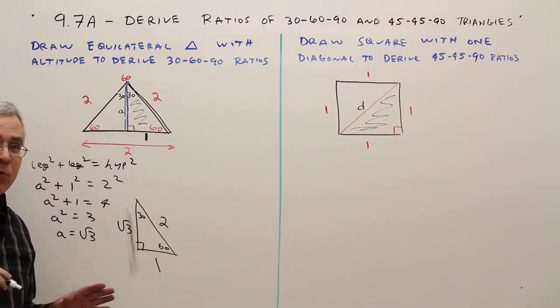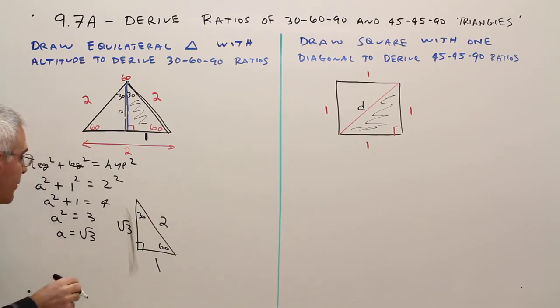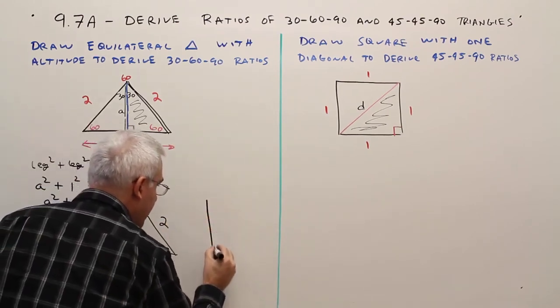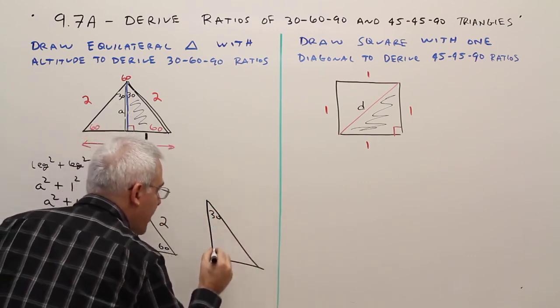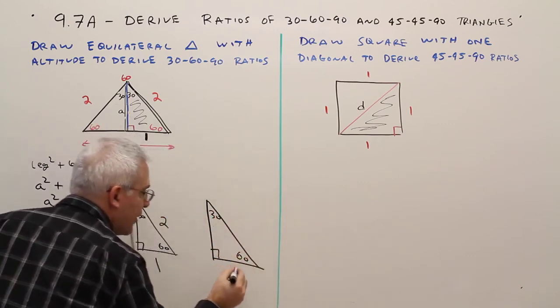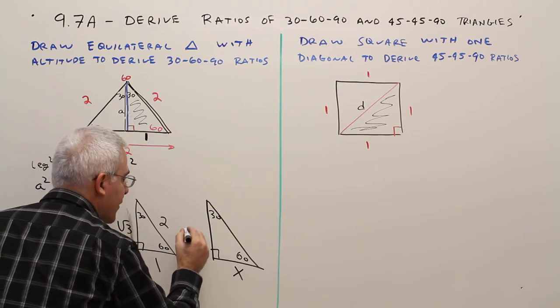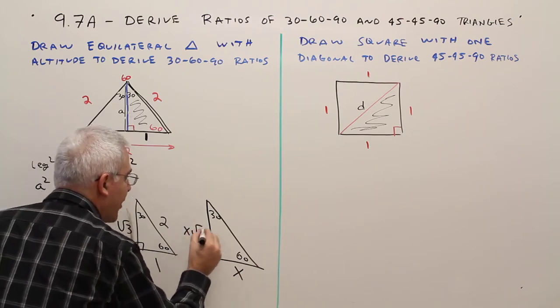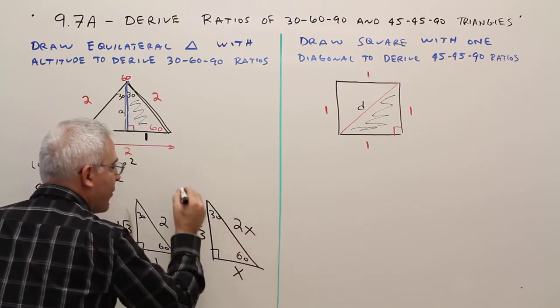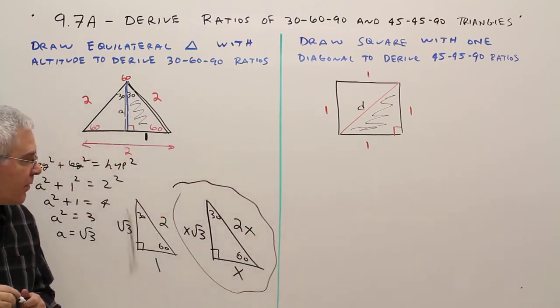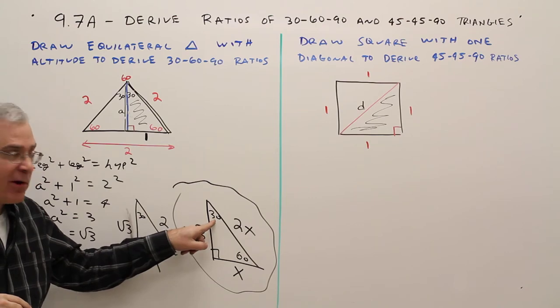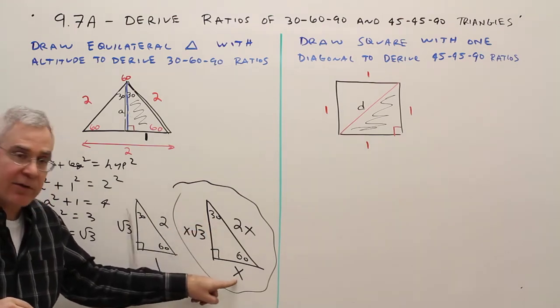Now, it makes it easier if we use a variable x, so I'm going to rewrite it this way. 30, 60, 90, x, radical 3, and 2x.